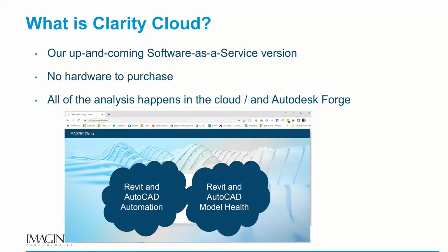And again, our focus is still automation first and foremost, but the second area that we've developed on the cloud side of things is the Revit and AutoCAD model health oriented features. So this is our new platform.